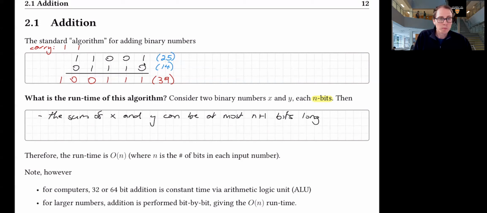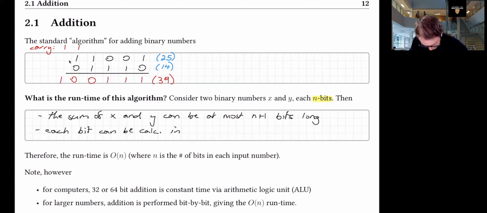And each bit can be summed in constant time. So each bit in the resulting number x plus y can be calculated in constant time. And since you have to do n+1 of them, the runtime we get is big O of n.